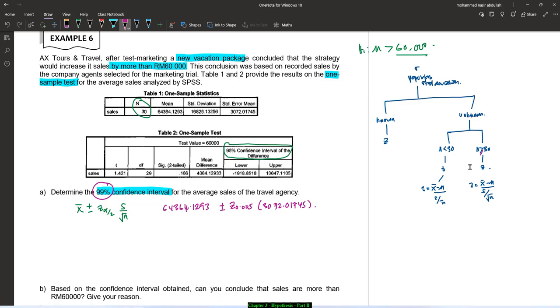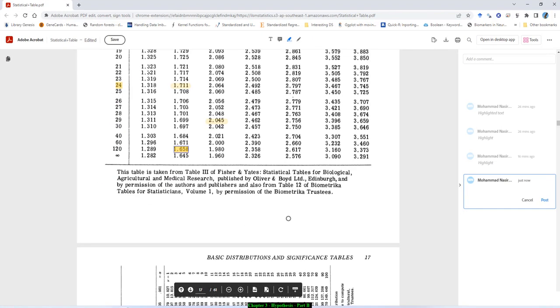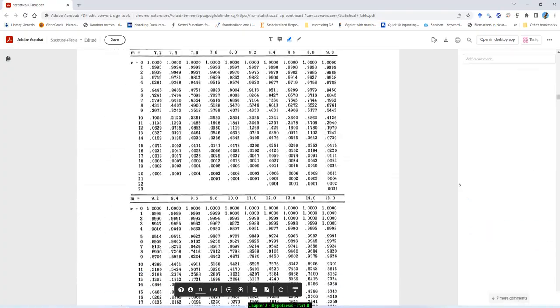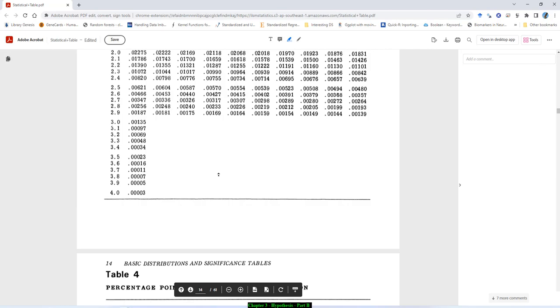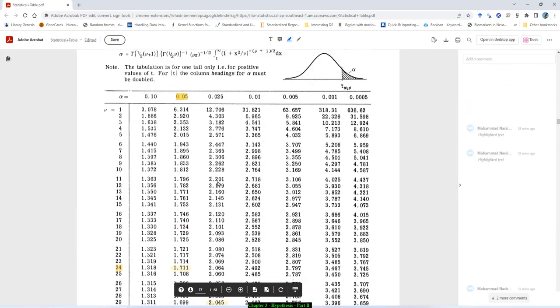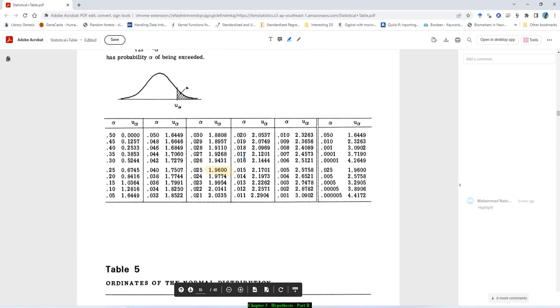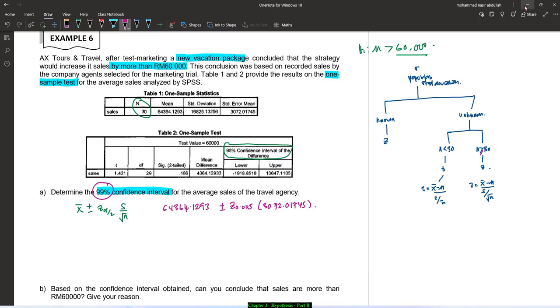So by looking at the statistical table, table number 4, 0.005 should be here, 2.5758.